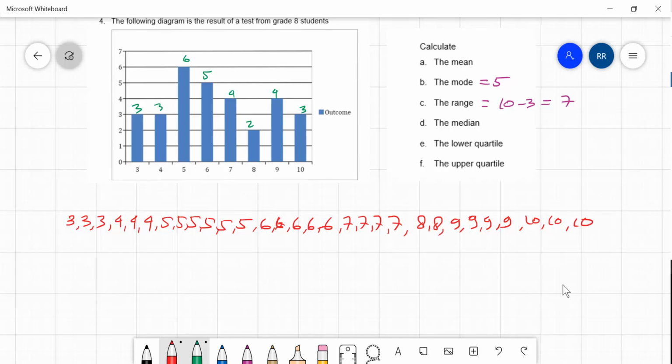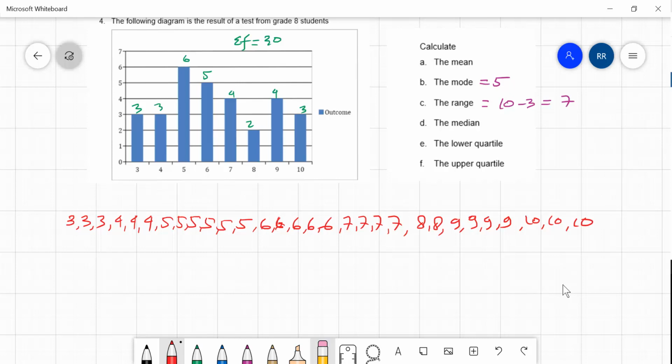The total frequency is adding all of those numbers: 3 plus 3 is 6, 6 plus 6 is 12, 12 plus 5 is 17, 17 plus 4 is 21, 21 plus 2 is 23, 23 plus 7 is 30. So if you add all of the numbers like that, it's equal to 30, which means we have 30 data.